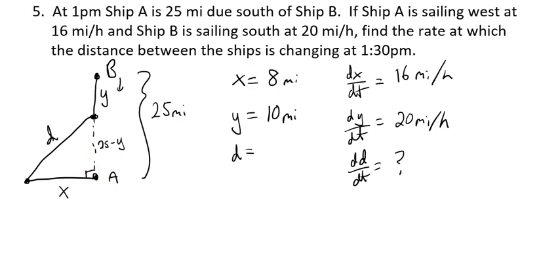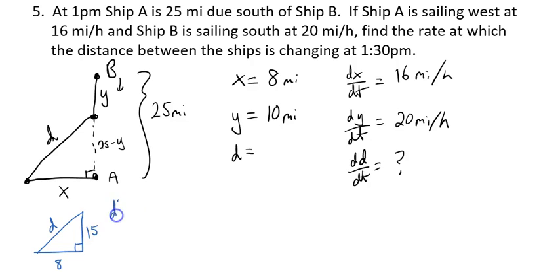Now, we have to come over and do a little bit of scratch work. So, on the triangle we know that x is 8. If y is 10, 25 minus y would be 15. So this side is 15. And I need to do the Pythagorean theorem to figure out what that d is.